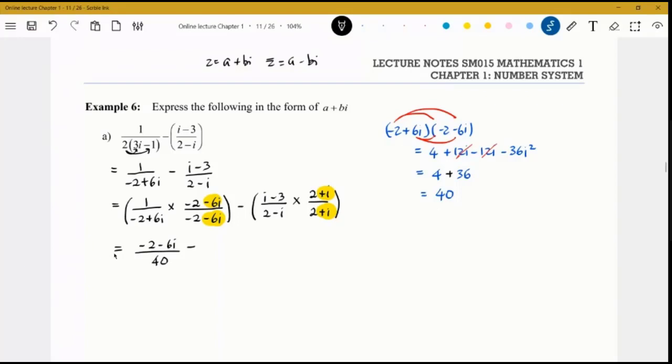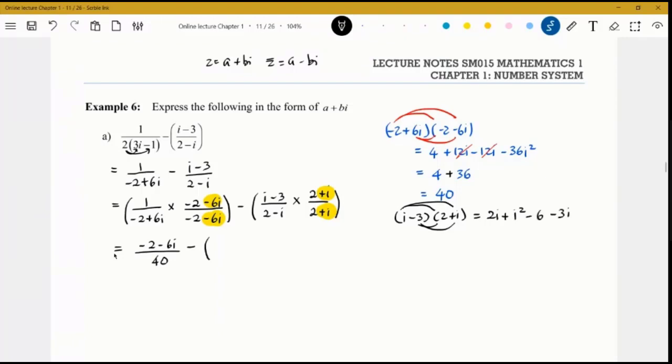Okay, minus with, so i minus 3 times 2 plus i. So sama juga kembang satu persatu. Biar panjang asalkan dia tak hilang markah. Okay. So be 2i plus i square minus 6 minus 3i.